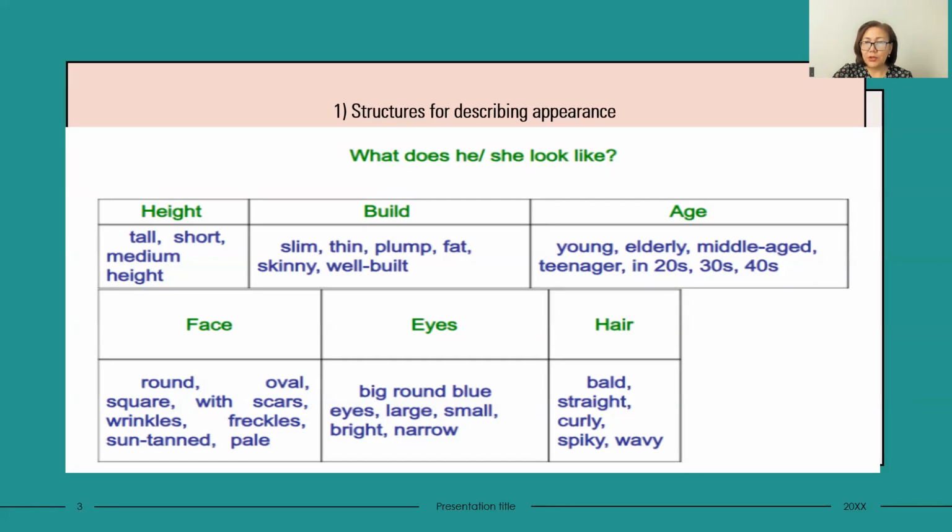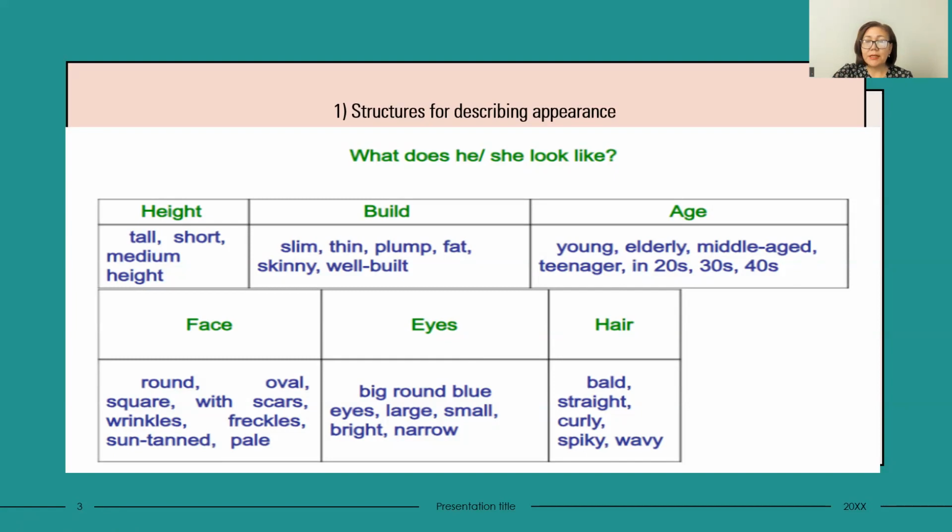For example, you can say, he's young, he's in his 20s. If you wanted to describe the face of the person, you can use the adjectives like round, oval, square, and so on. For describing the eyes, you can use the adjectives like big, round, blue eyes, large, small, bright, narrow. For describing the hair, you can use adjectives like straight.